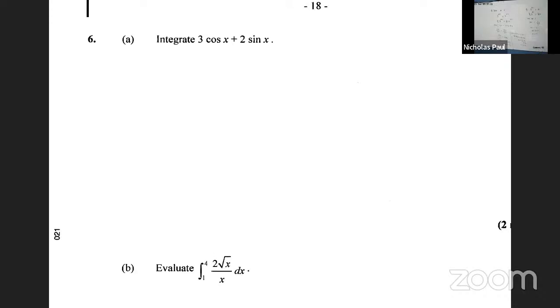Right, those who are online, you can message the answer for part B. Let's see what you got.